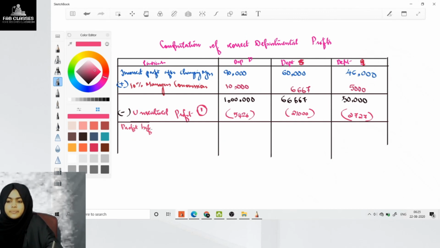Profit before charging manager's commission.